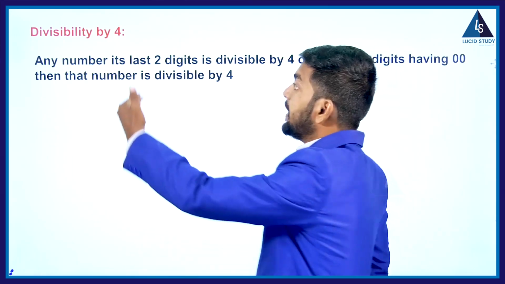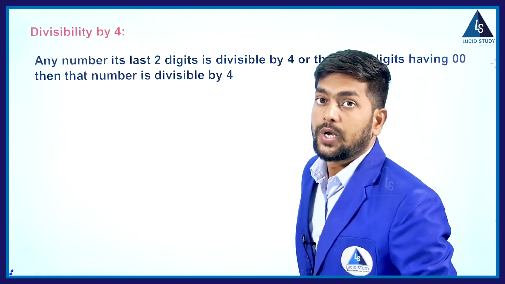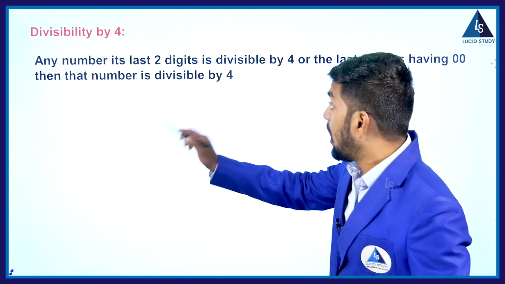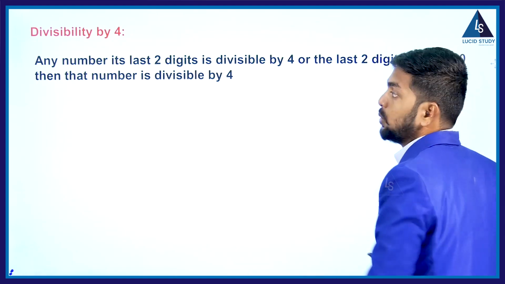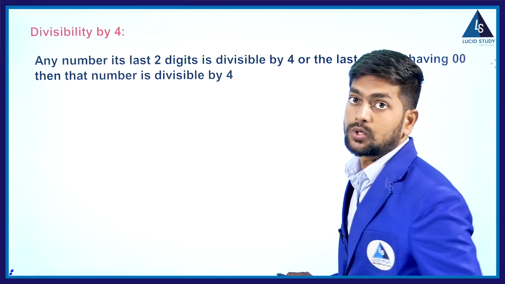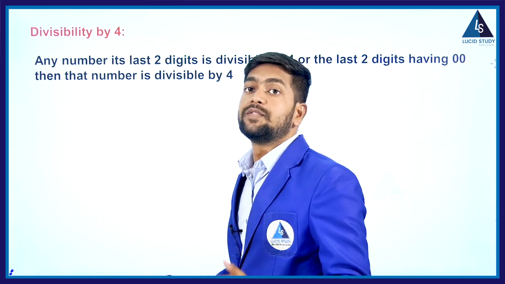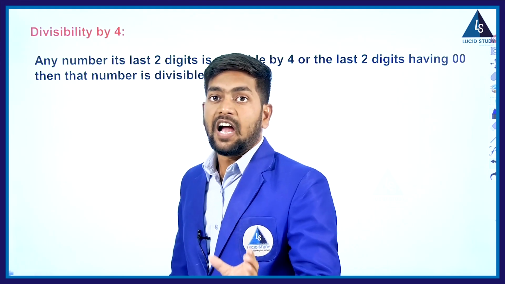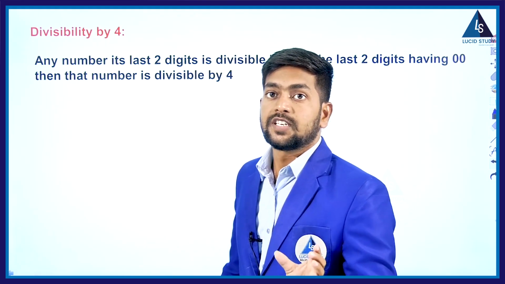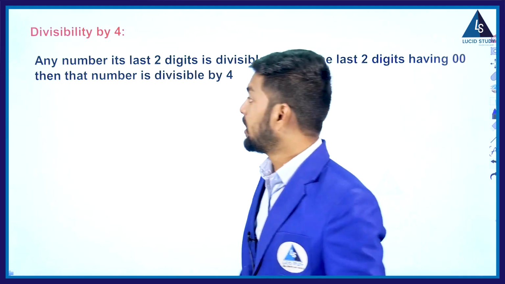Now we'll see divisibility by 4. Any number whose last 2 digits are divisible by 4, or whose last 2 digits are zeros, is divisible by 4. So let's take a number whose last 2 digits are a multiple of 4.